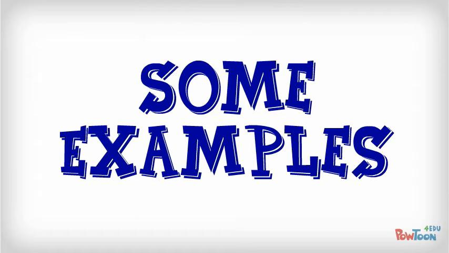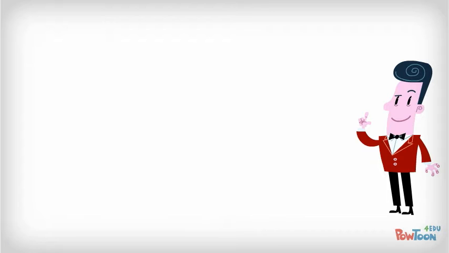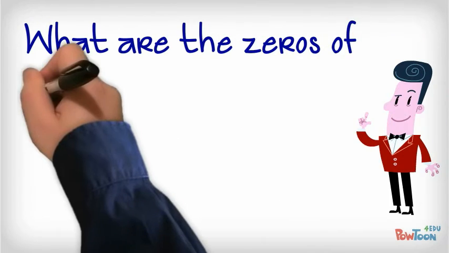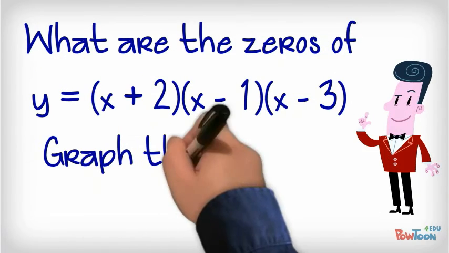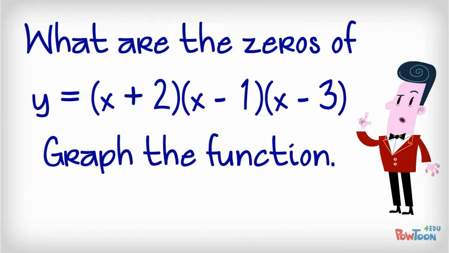Okay, here's a couple examples. What are the zeros of this polynomial? You have x plus 2 times x minus 1 times x minus 3, and then graph the function.